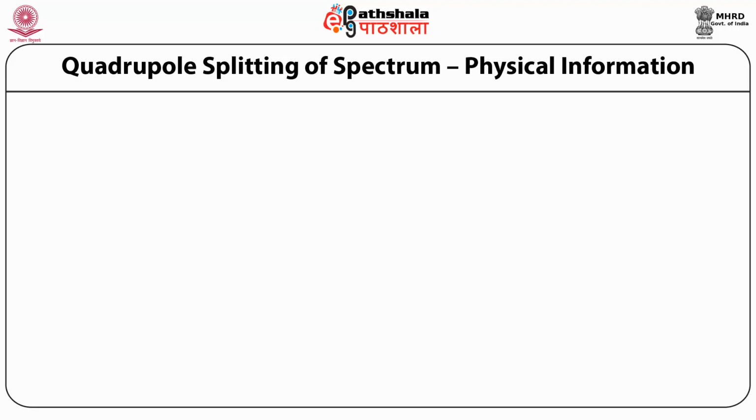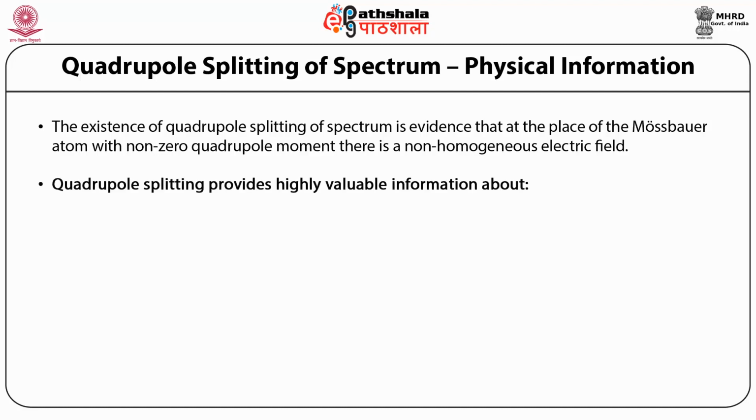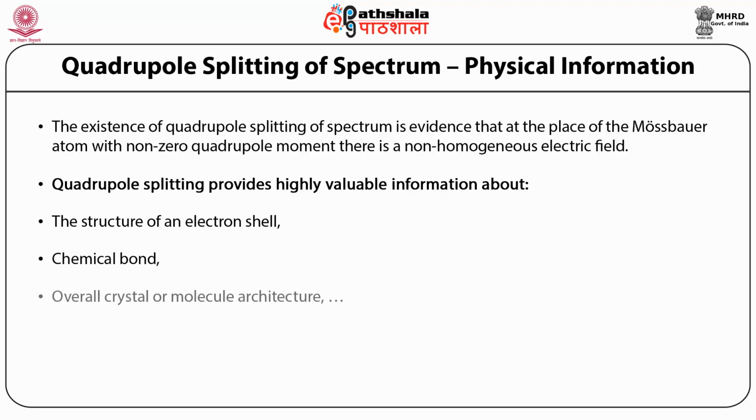Quadrupole splitting of the spectrum: the existence of this quadrupole splitting is evidence that at the place of the Mossbauer atom with non-zero quadrupole moment, there is a non-zero inhomogeneous electric field, as we discussed. So this quadrupole splitting provides highly valuable information, that is the structure of the electron shell, then chemical bond, and overall crystal or molecular architecture.